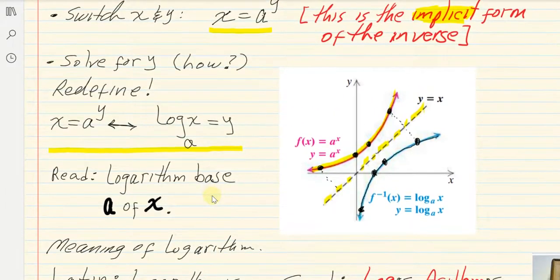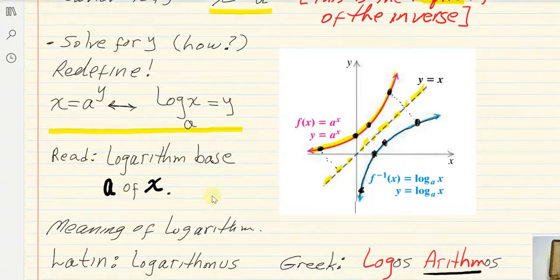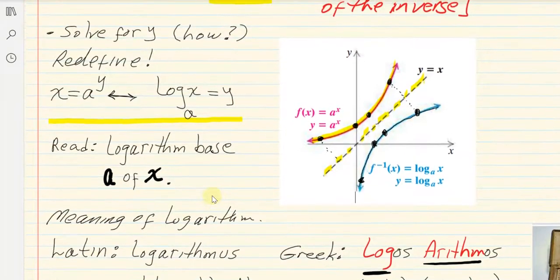Whoever came up with this, I'll explain who came up with the idea of logarithms. The literal meaning of logarithms. Well, if you look at the early 17th century Latin, logarithms are called logarithms.